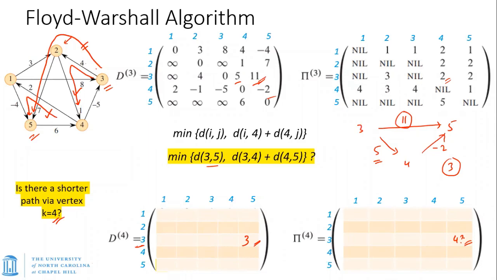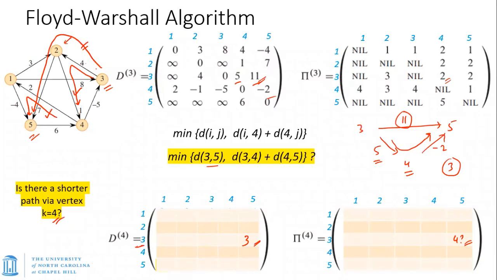Predecessor. Okay, you're saying that the predecessor to get to 5 is now 4 because you're going this way. But think again, the predecessor is the previous vertex to get to 5.